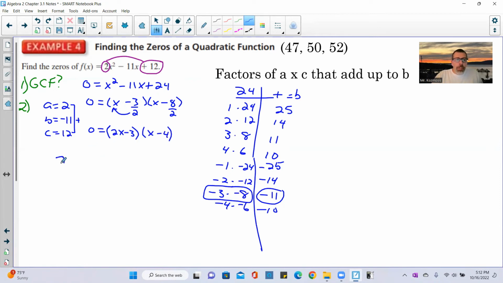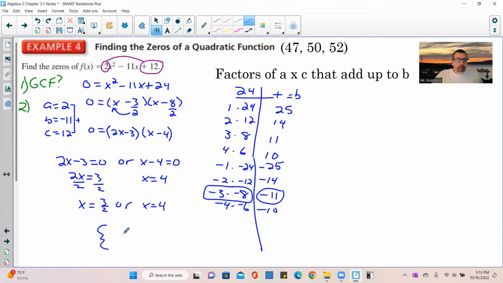So my answer would be 2x minus 3 equals 0, or x minus 4 equals 0. So this would be 2x equals 3, x equals 4, divide this by 2, and I get x equals 3 halves, or x equals 4.